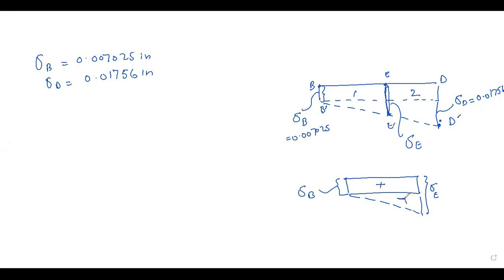Now deflection at E will be equal to the whole of this. So from here to here, what is the value of the deflection? We know that, which is equal to 0.007025. So 0.007025 plus this part. But we don't know this part.